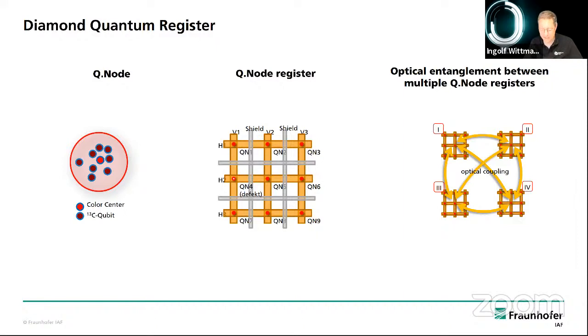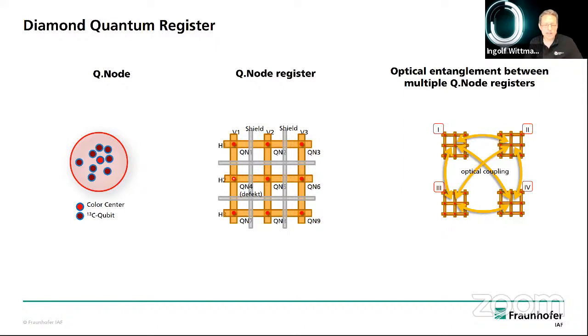And on a bigger scale, you can combine a couple of these Q node registers in a multiple node array, coupling those different registers with an optical coupling environment.